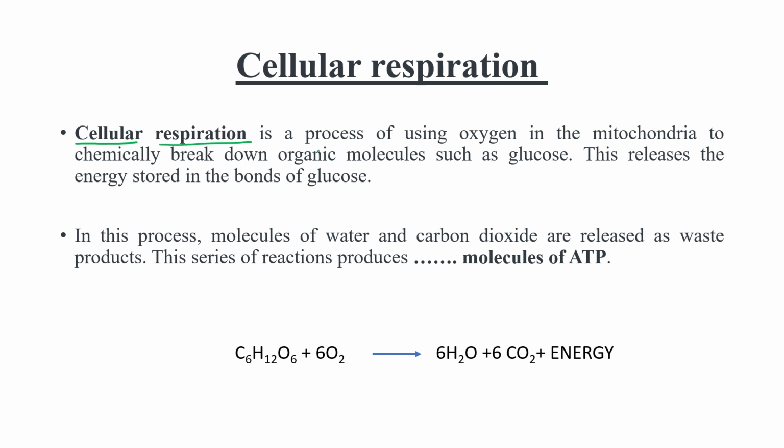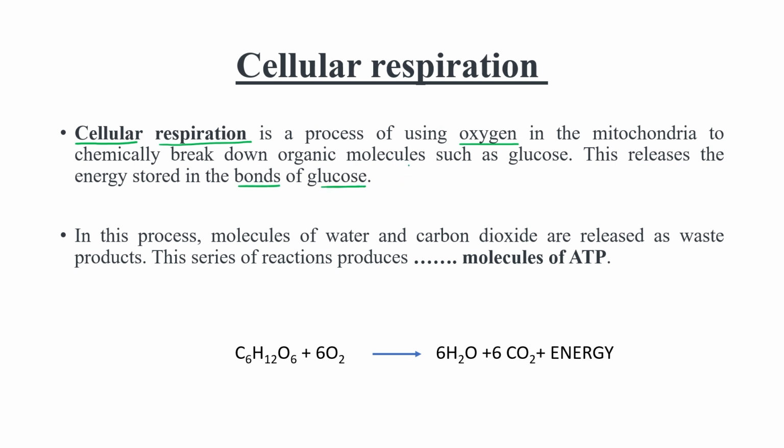But once again, let's brush up the definition of cellular respiration. It is a process of using oxygen in the mitochondria to chemically break down organic molecules like glucose, to release the energy which is stored in the bonds of glucose. So this is cellular respiration.